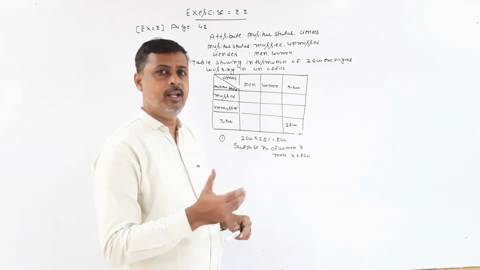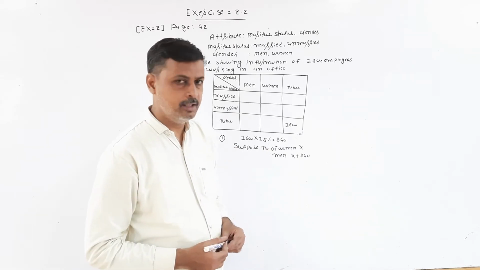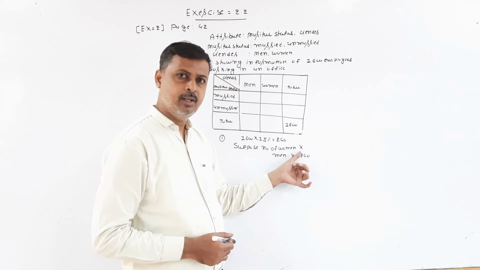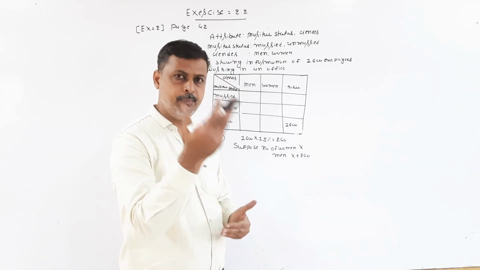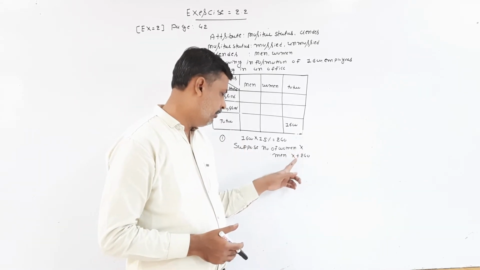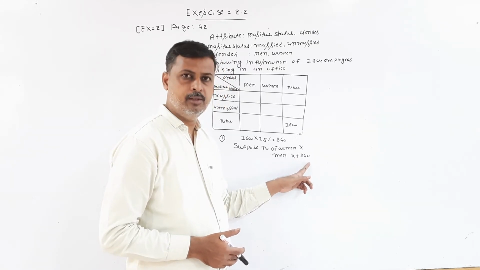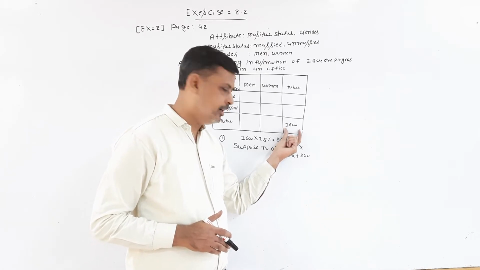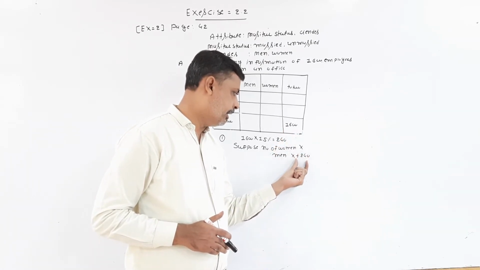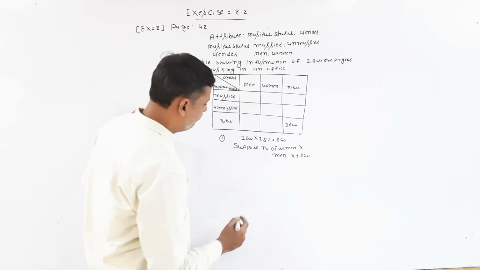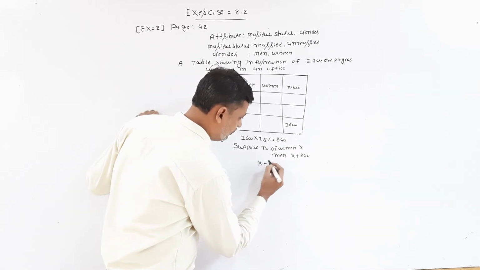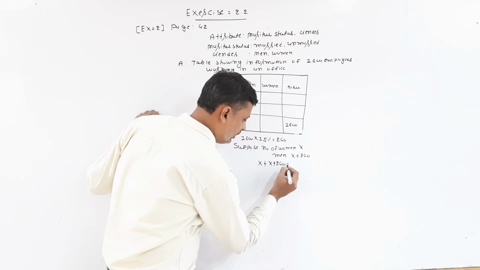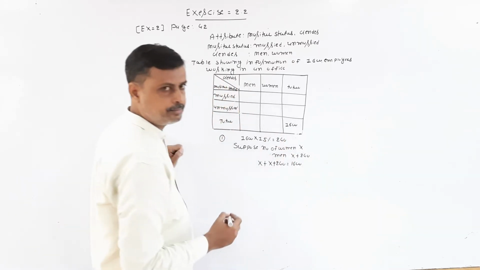So the number of men is 240 more than women. Suppose the number of women is x, and men exceeded means plus more. So men x plus 240. Now we have to create an equation. Total employees 1600, women x and men x plus 240. So x plus x plus 240 is equal to 1600.